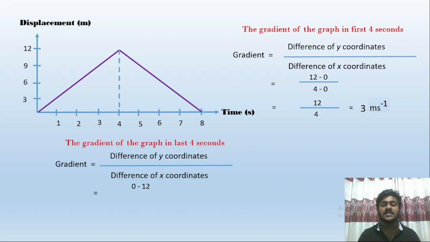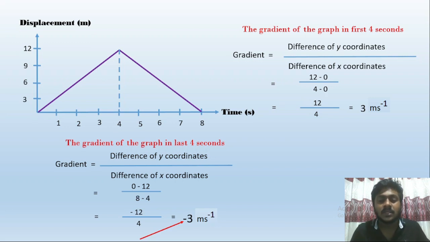So in this case, the final displacement is 0 and the initial displacement is 12. So that means negative 12 divided by 4. The answer is negative 3 meters per second. This negative sign represents that the object moves opposite to the initial direction. Right.